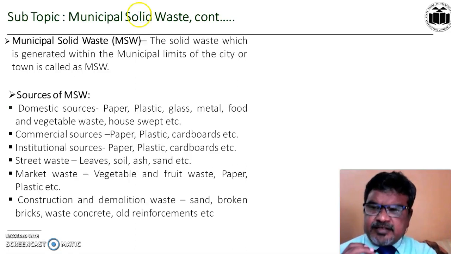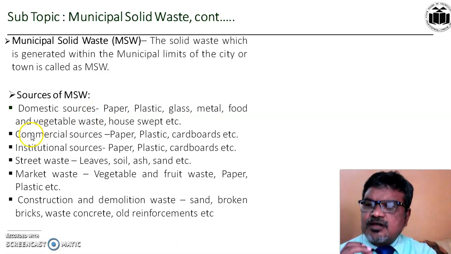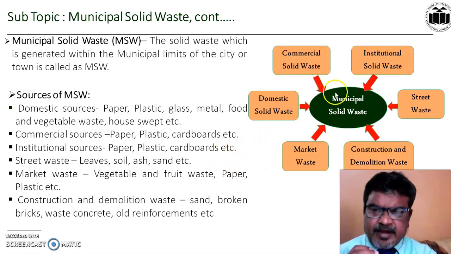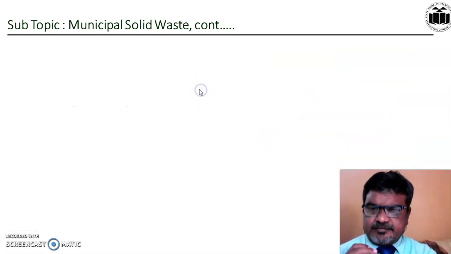Now, municipal solid waste is generated through various sources: domestic source, commercial source, institutional source, street waste source, market source, and construction and demolition sites. Let us have a look at the concept map of various sources of municipal solid waste.